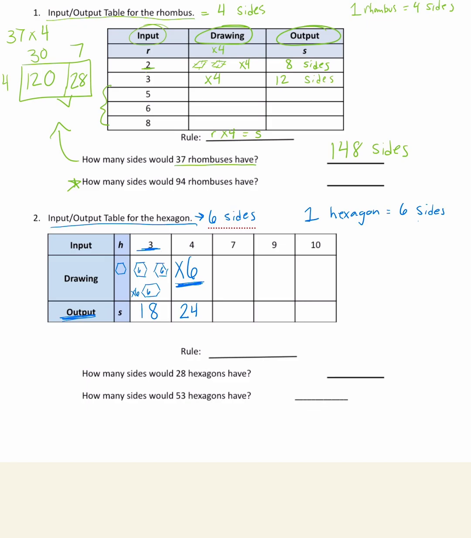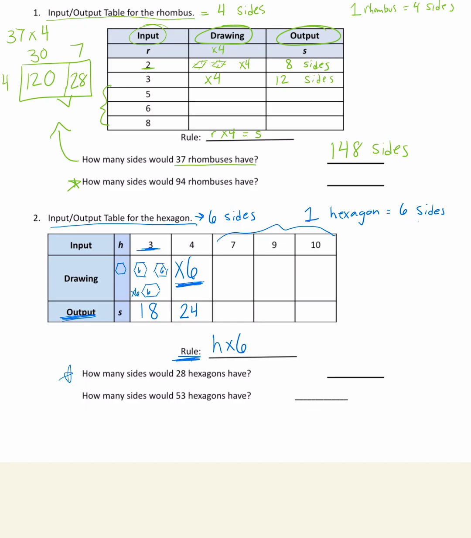All right, we got one more. I'm going to have you do all these parts. I want you to work on those, okay? But let's go ahead and we'll fill in the rule, and then I'm going to show you it on this one right here, and then you're going to do the last one by yourself. So with the rule, we know we took H, however many hexagons it was, and when we did that, we would multiply it by 6 because 1 hexagon has 6 sides.